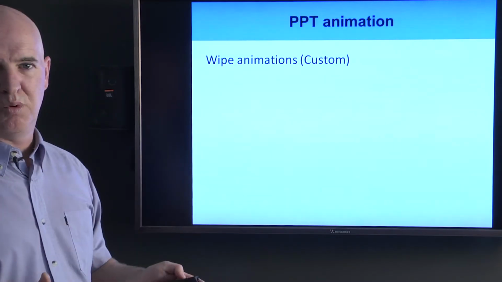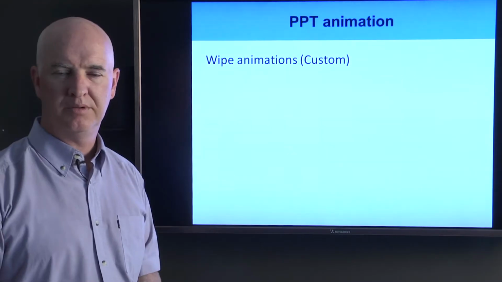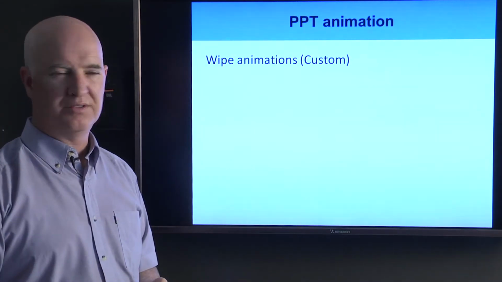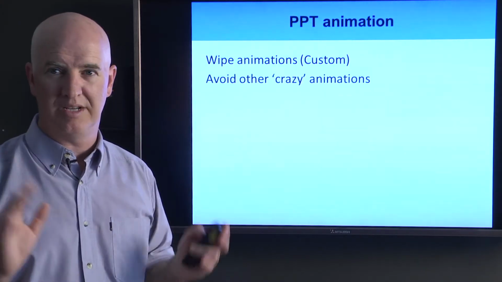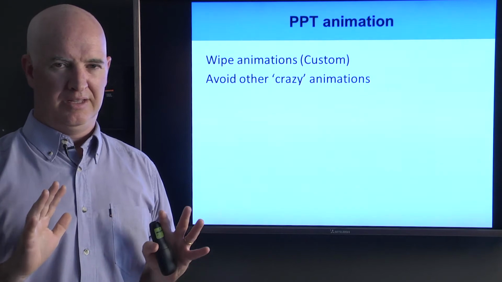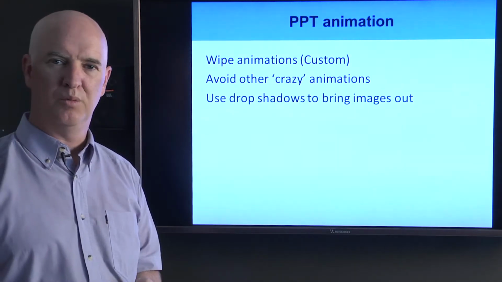Animations. I tend to use wipe animations. That animation there is a wipe animation. It's very simple, effective, clean. Don't use the crazy, what I call the crazy animations, the twirly gigs, the diamond, the parachute. They're too busy, and I think it's easier and more effective to use a simple wipe one.